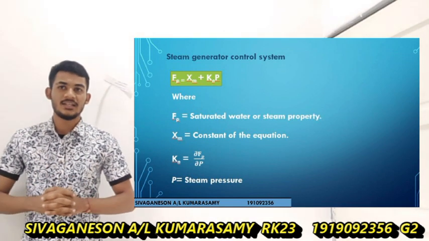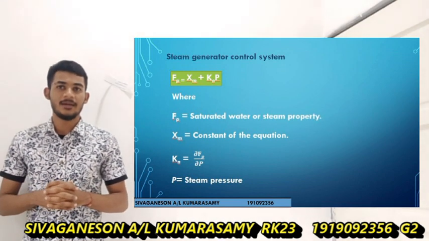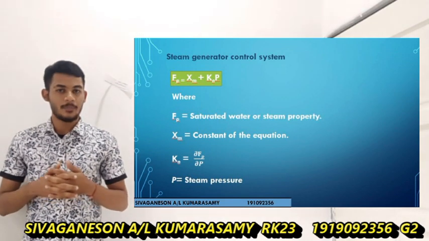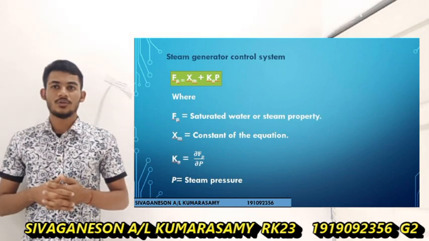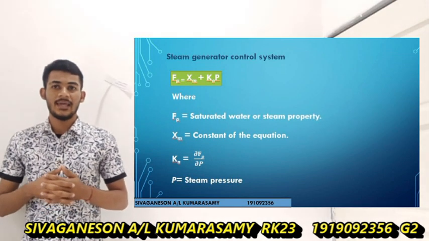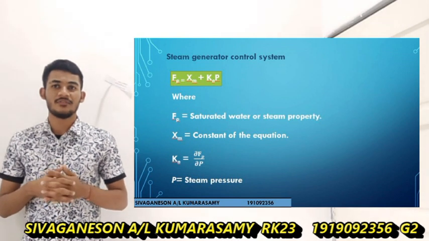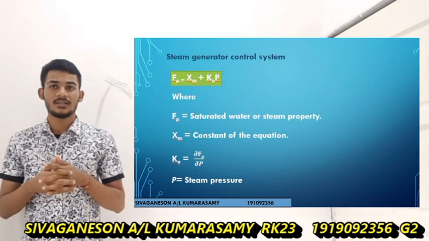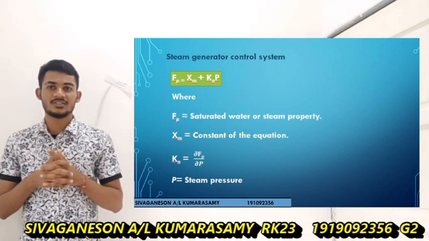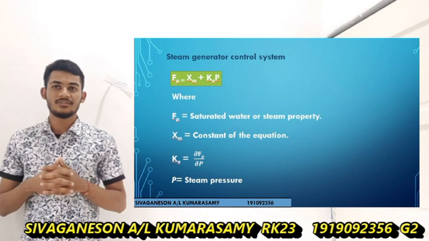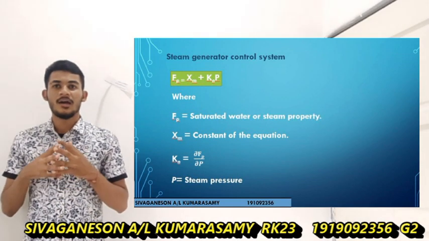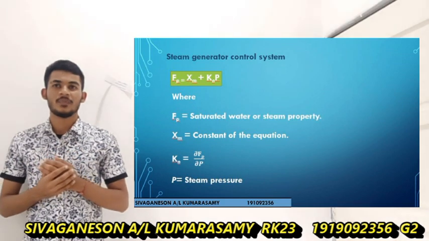First, the equation is Fp equals Xm plus Kn p. Fp refers to the saturated water or steam property, equals Xm, the constant of the equation, plus Kn. Kn is the first definition of the saturated water, with the definition of the steam pressure, times the steam pressure. So we can find the saturated water.